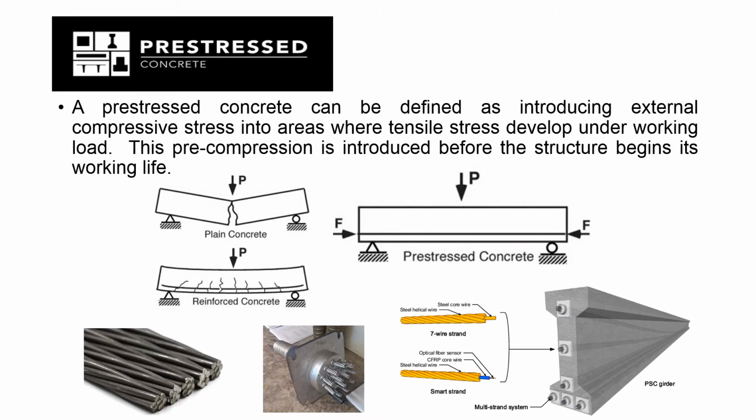You can see from this picture, when the load is applied to plain concrete, it will crack. So we introduce reinforcement at the bottom to take the load, but cracks will still appear in the tensile zone. So what we do is introduce prestressed concrete with external compressive stress at the tensile stress areas. From this, it will reduce the cracks.